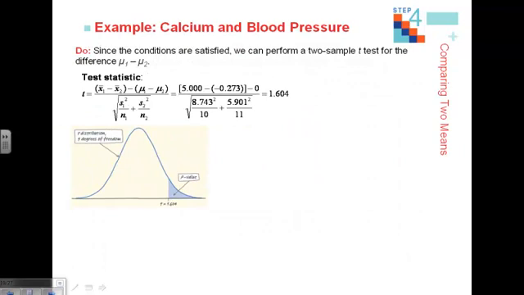Again, I suggest that you just look at your calculator and get those t's and p's out of there. Don't forget to write your probability statement appropriately. In this case, the probability that t is greater than 1.604. And then from there we get some p-value.